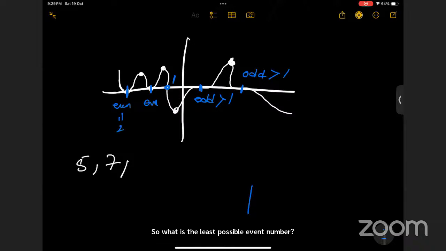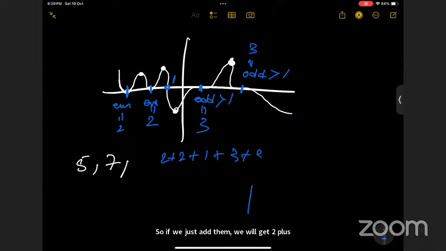It's 2, right? Similarly, here we will get 2. From here we will get 3. From here we will get 3, right? So if we just add them, we get 2 plus 2 plus 1 plus 3 plus 3. So it will be 11, right? So 11 is the least degree of the graph.